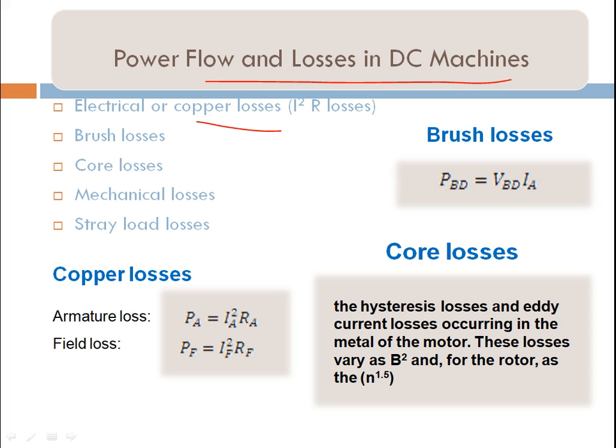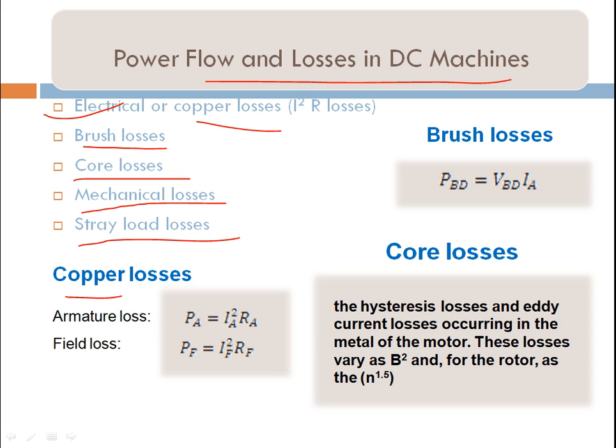Number one is copper losses, because there will be windings made of copper. Number two is brush losses: the brush is made of carbon and is rotating, scratching across the armature, so there will also be loss. Number three is core losses, and number four is mechanical losses and stray load losses. So we will talk somewhat about these losses.